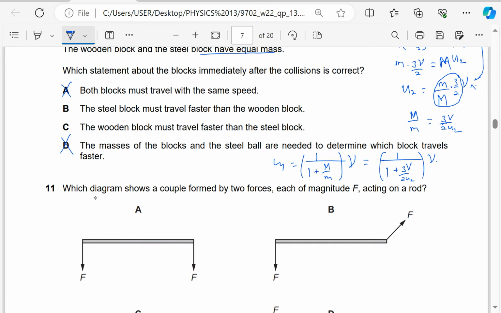If I try to simplify this further, I want to see which one is greater. So I have U1 equals, taking the LCM, the 2U2 goes up, divided by 2U2 plus 3V, then times V. If you cross multiply and simplify this, I'm trying to see if I can make U2 or U1 the subject, but you notice that U1 is twice U2 times V over 2U2 plus 3V.